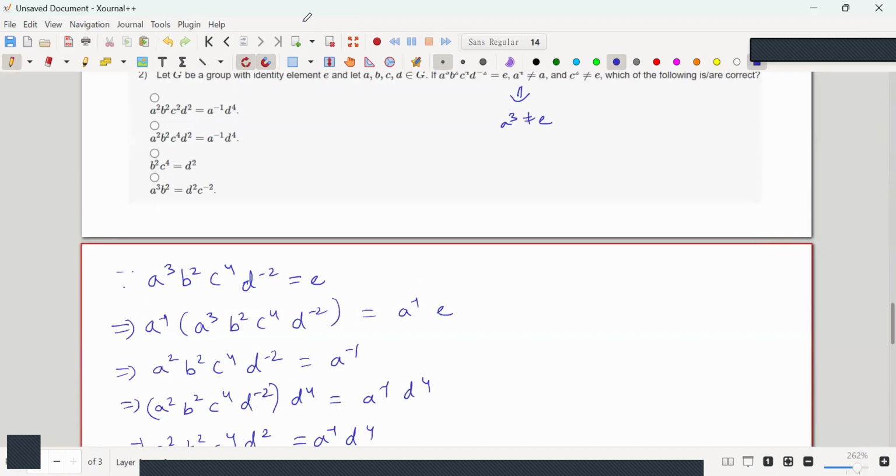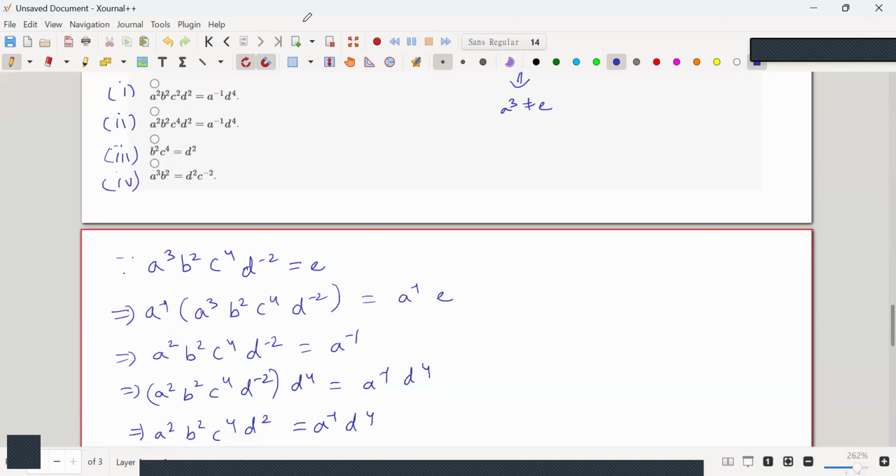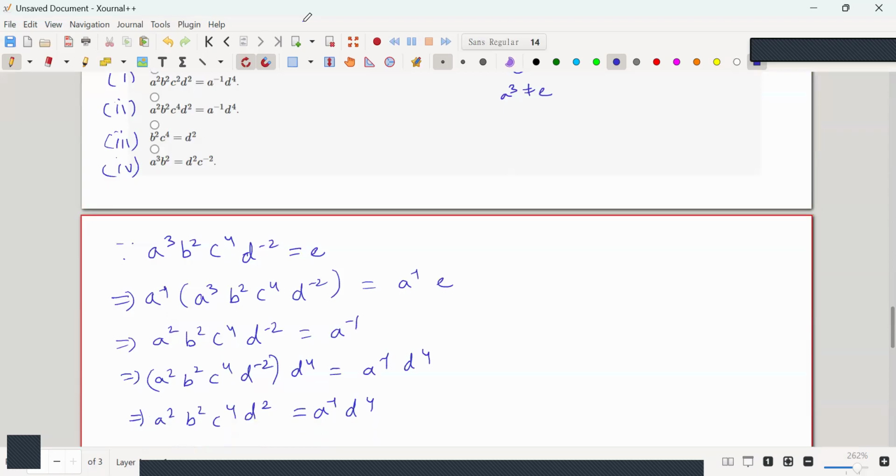So again, let me just give some numbering: 1, 2, 3, and 4. So this one is correct: A square B square C4 D square is A inverse D4. So this implies the second is correct.